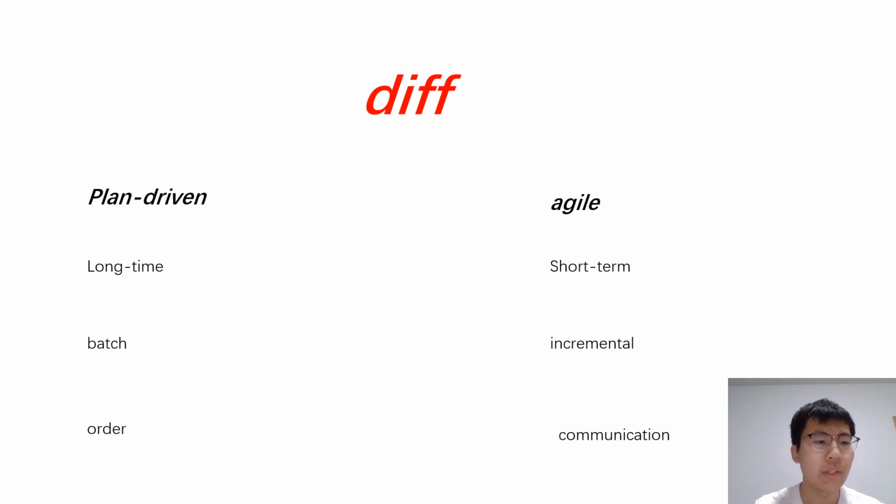Also, in plan-driven development, a one-time batch delivery typically occurs at the end of the project. This means that the customer only sees the final product once the project is complete, which increases the risk of the project not meeting expectations.